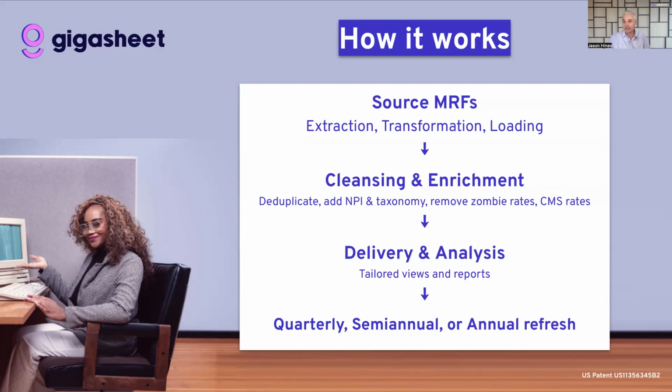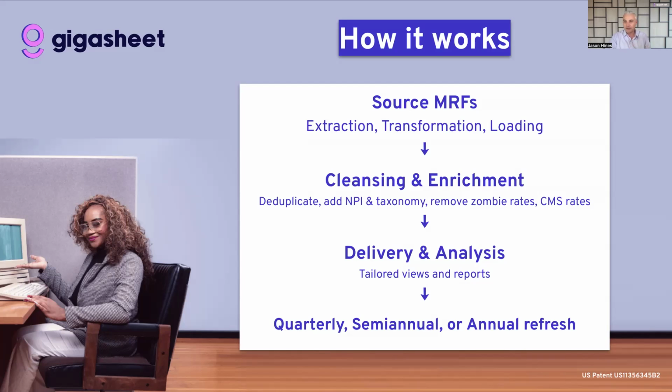We can enrich the data at this stage with any number of different sources, whether that's quality data, claims data, or even B2B sales intelligence for folks who are selling actual equipment or DME or medical devices so that you actually have clean data there where you can start using it in sales and marketing campaigns.